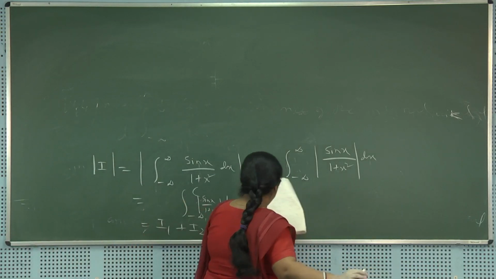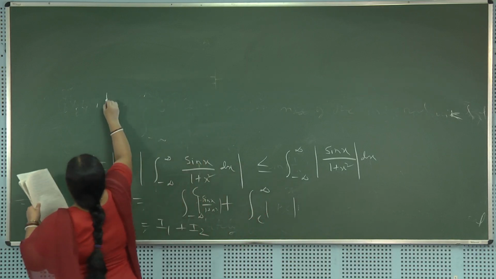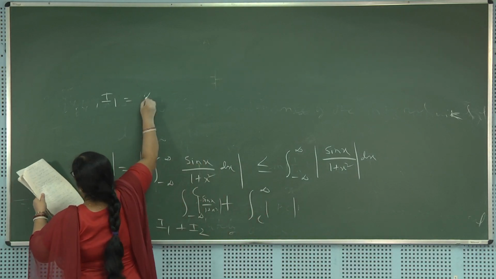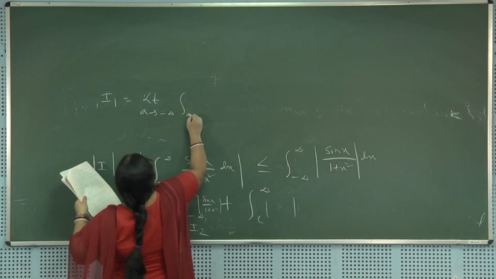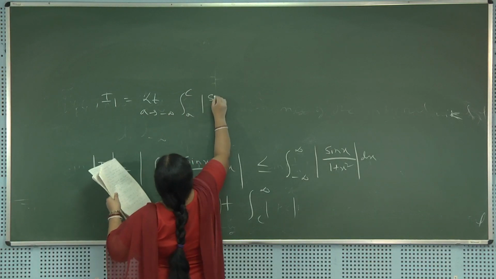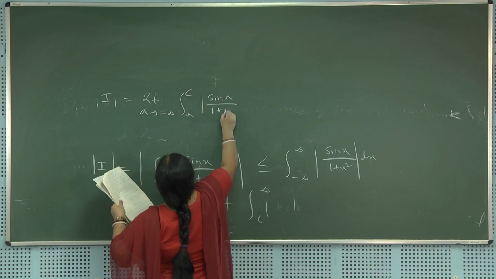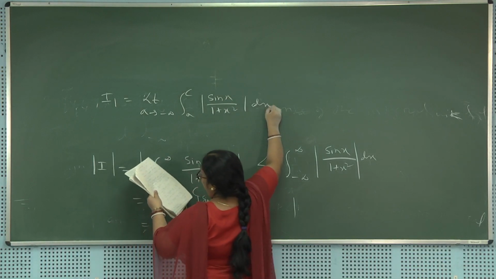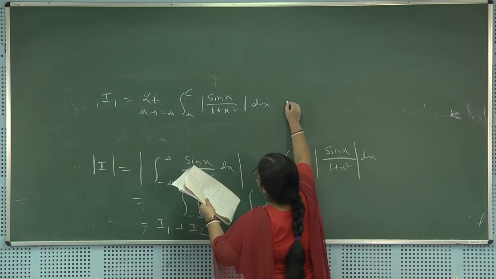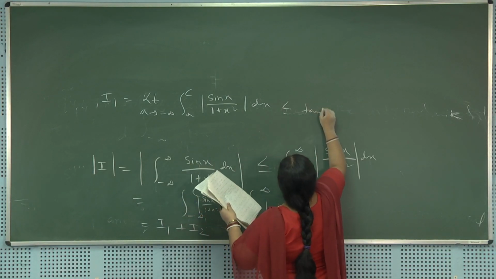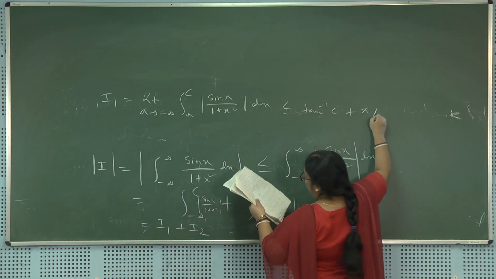So it turns out that integral I1 is the limit as a goes to minus infinity of the integral from a to c of mod of sin x by 1 plus x square dx, and its value is less than or equal to tan inverse of c plus pi by 2.